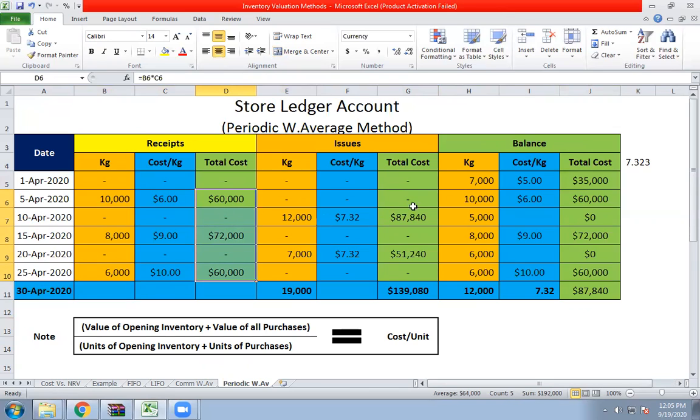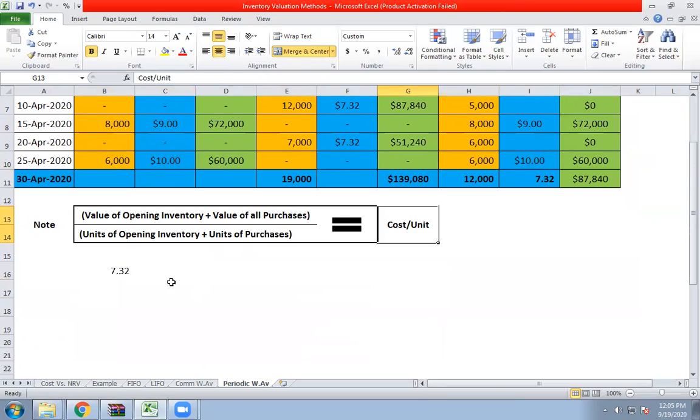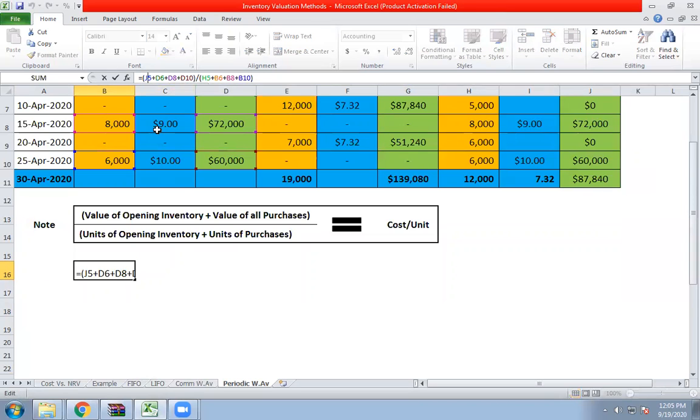So I will add these figures. I will divide the kgs of opening stock plus kgs of purchases, and I will find a cost per unit, which is 7.32.